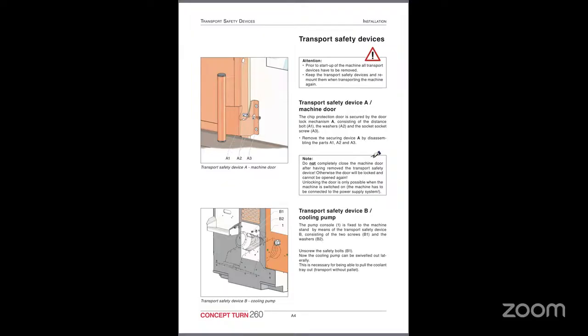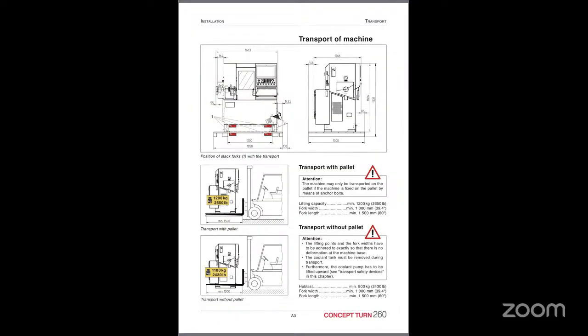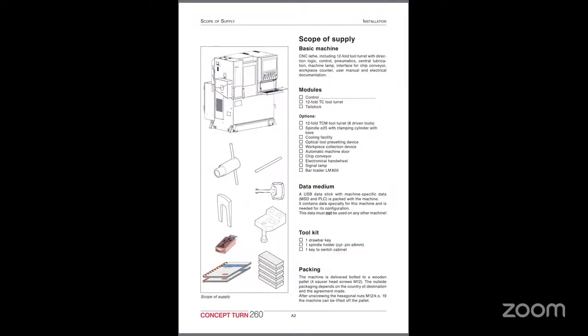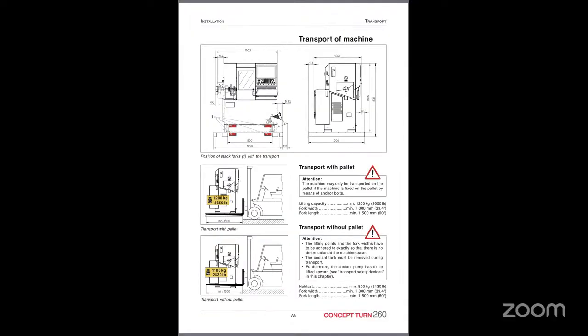The weight of the machine is approximately between 1,100 to 1,400 kilogram. The machine will come inside a wooden pallet, because if you place the machine directly on the floor, it will damage, make vibration, or some transport accident will happen.